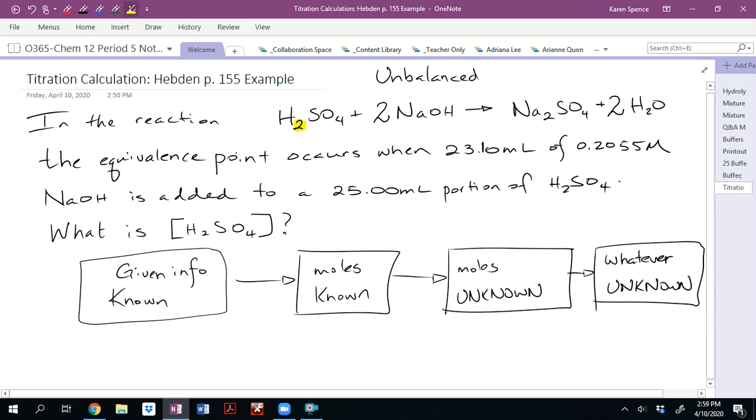All right, and the key to a stoichiometry problem is this middle portion here, where you're converting moles of a known substance to moles of your unknown substance. And in order to do that, you will be using the mole ratio from the balanced equation.